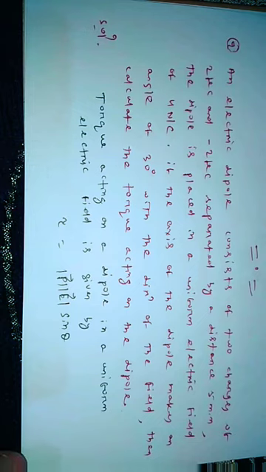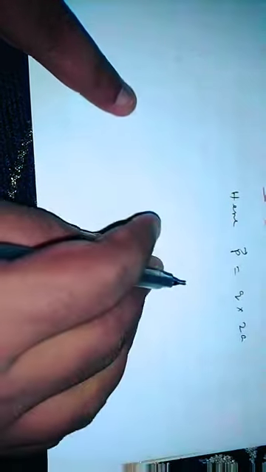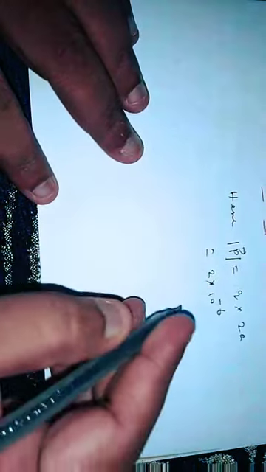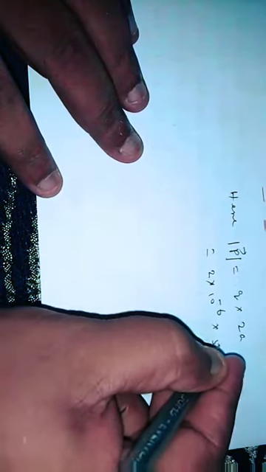So putting all these values, we will get P equal to Q into 2A, which is the electric dipole moment. So Q equal to 2 into 10 to the minus 6, into 2A is 5 into 10 to the power minus 3.